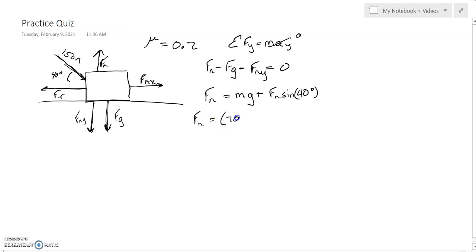We have a 70 kilogram person times our gravity, which is 9.8, plus our force being applied, which is 150 newtons times the sine of 40. If I put that into the calculator, I should get 782.4 newtons.